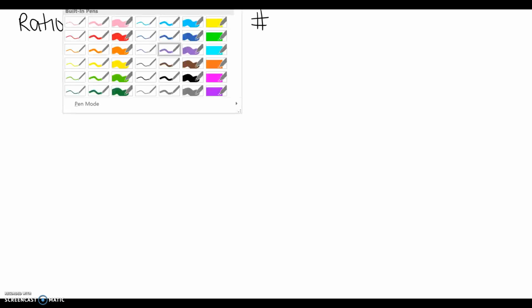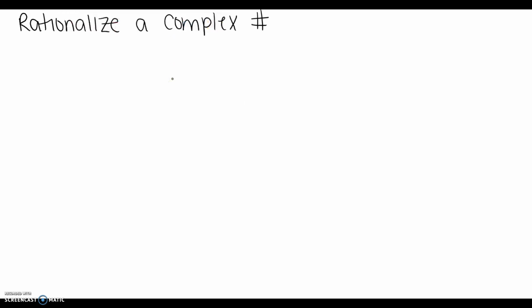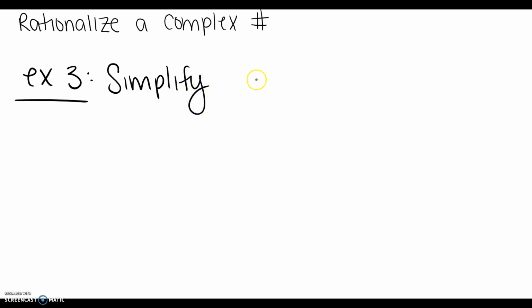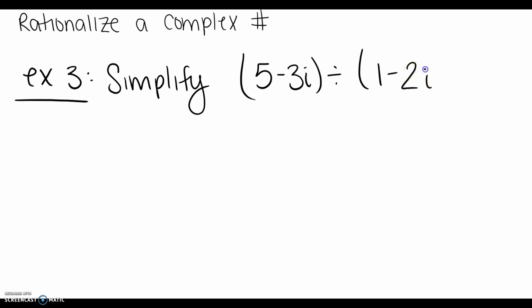The last thing that we need to talk about or review is rationalizing a complex number, or dividing. So if I give you a problem, say simplify again, something like 5 minus 3i divided by 1 minus 2i.